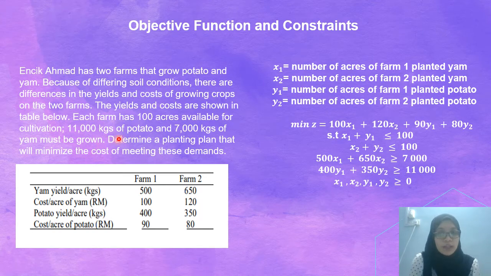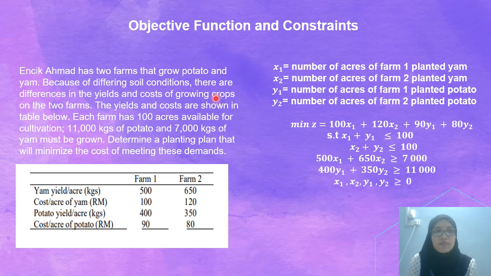Since we have farm 1 and farm 2, we separate these two farms and get our variables: x1 is the number of acres of farm 1 planted with yam, x2 is the number of acres of farm 2 planted with yam, y1 is the number of acres of farm 1 planted with potato, and y2 is the number of acres of farm 2 planted with potato.